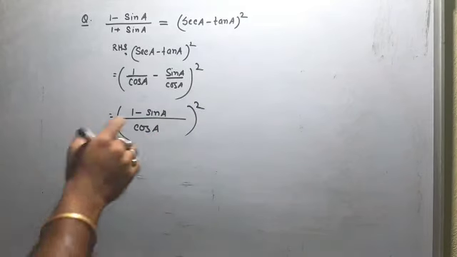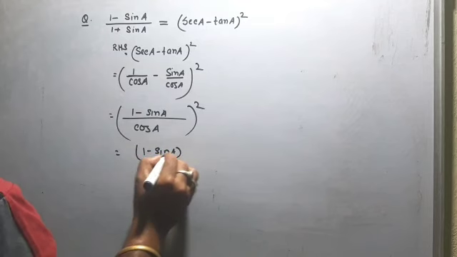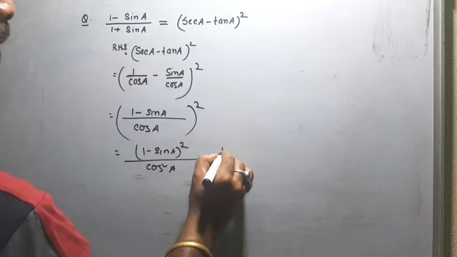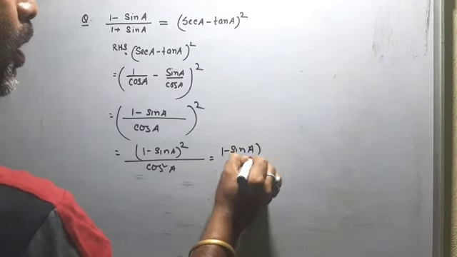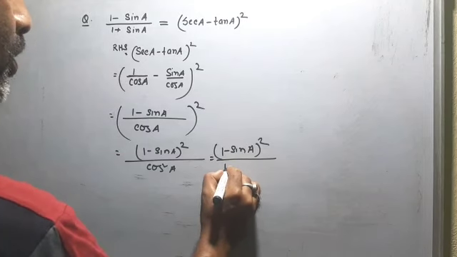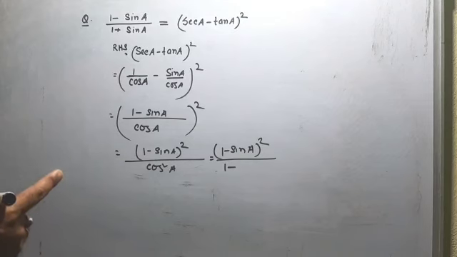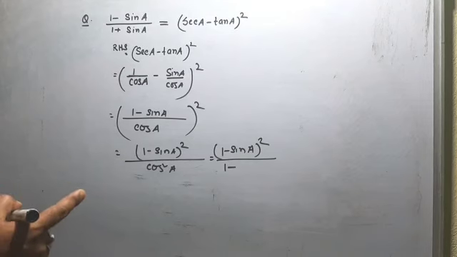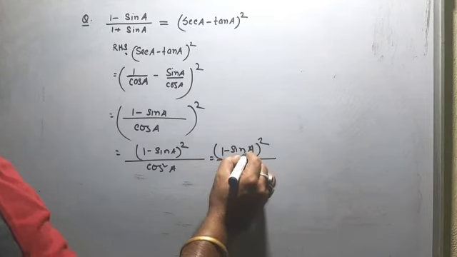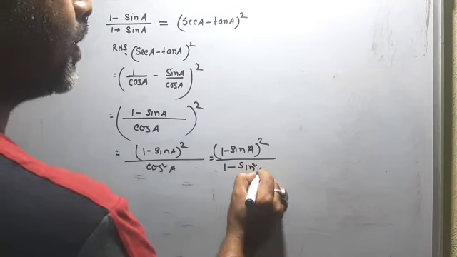So 1 minus sin a whole square, and this is cos square a. 1 minus sin a whole square, and cos square a we can say 1 minus sin square a. In place of cos square a, we can write 1 minus sin square a.